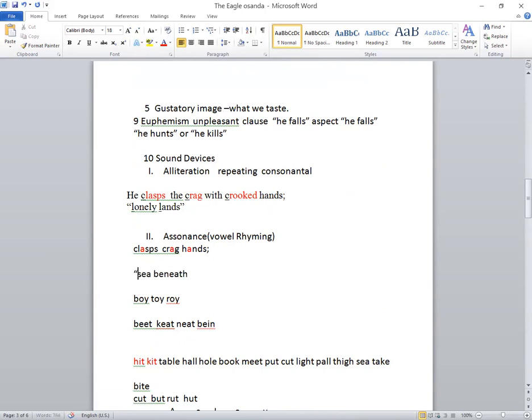Where do we find assonance? Meat, E. Here E. Beneath, E. That is where you find assonance. Here A, underline. Vowel rhyming. Assonance. See beneath.